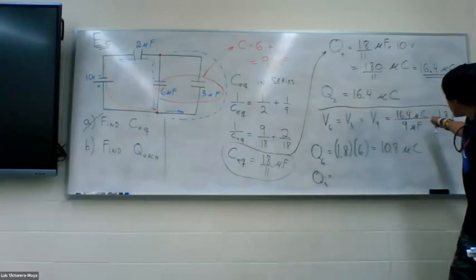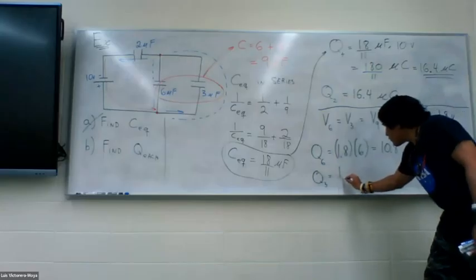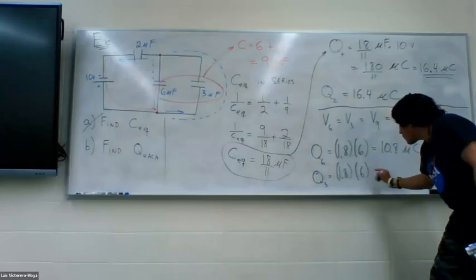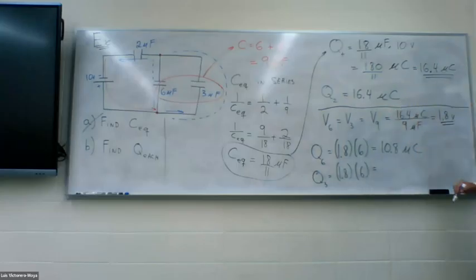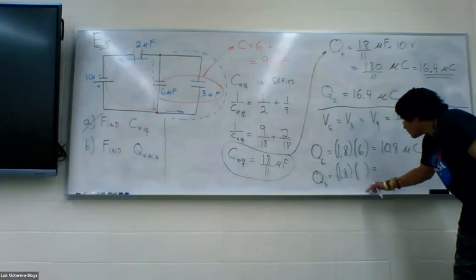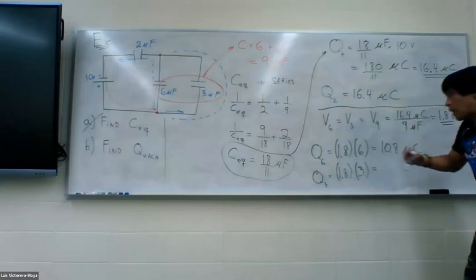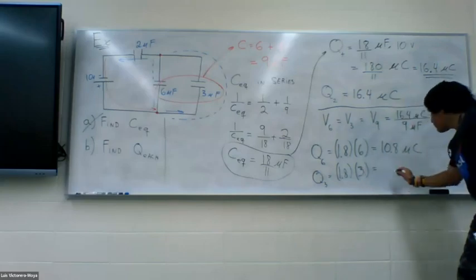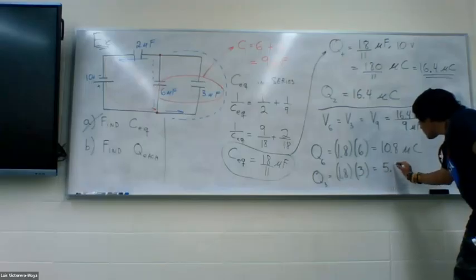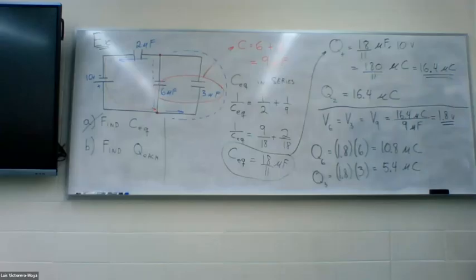The voltage on 3 is that. 1.8 times 3 is 5.4 microcoulombs. Wait, Professor, that doesn't add up to 16.4.